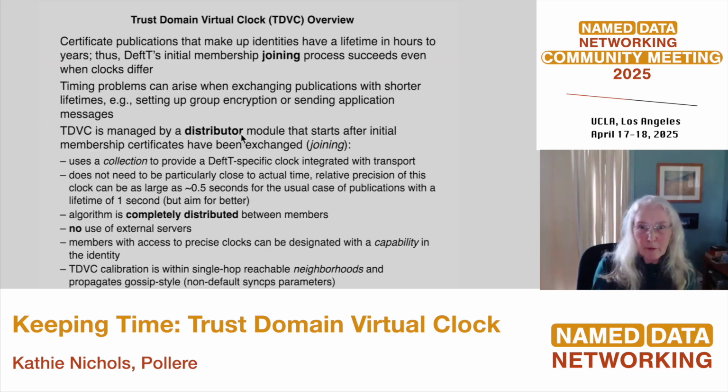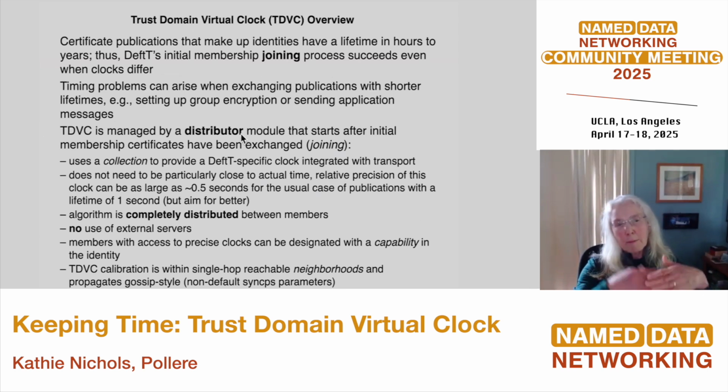Just a little bit more of an overview: the certificate publications that make up the identities have lifetimes that are normally on the order of hours to years. So we don't usually run into any problem with clock differences there.